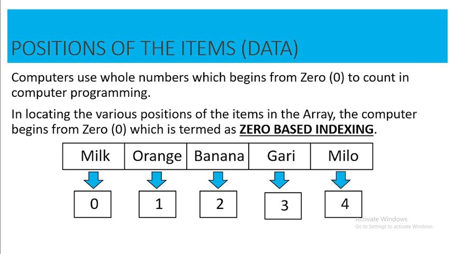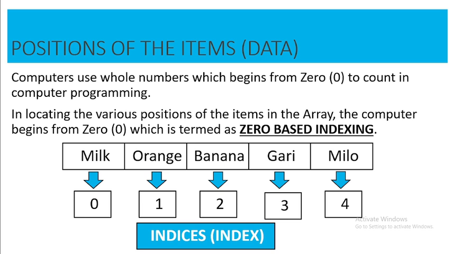Please don't confuse the size of an array with the positions of the array. The positions of the array begin from 0 because computers use zero-based indexing, and they allocate positions to the items. The position is called an index, and the plural form is indices.